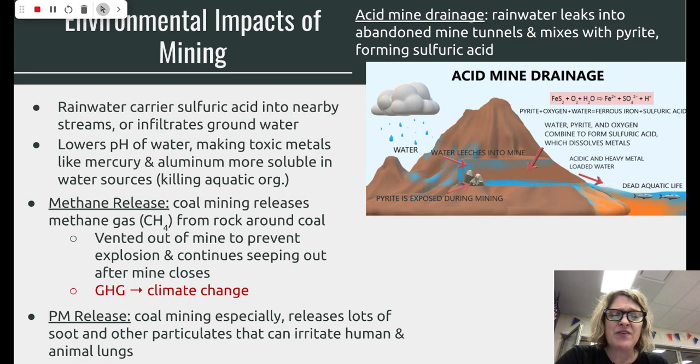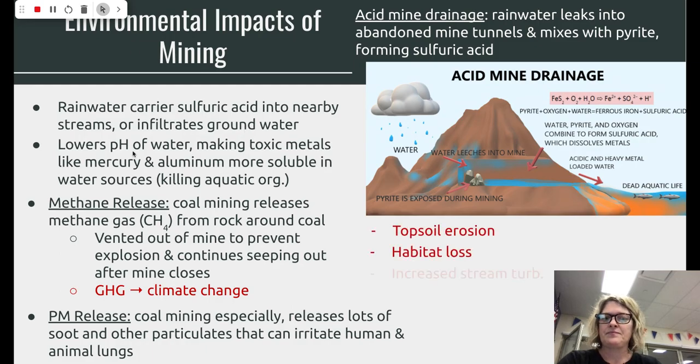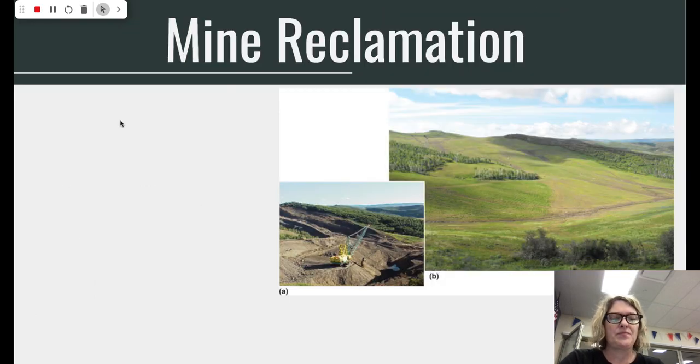And there is even some very dangerous stuff, like I talked about with asbestos, that can get embedded into our lung tissue and then eventually lead to lung cancer. So that's a real concern for coal miners especially. All right, some other negative environmental impacts include topsoil erosion, as you would expect, habitat loss, and then increased stream turbidity.